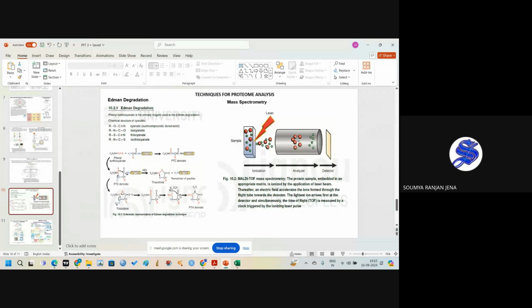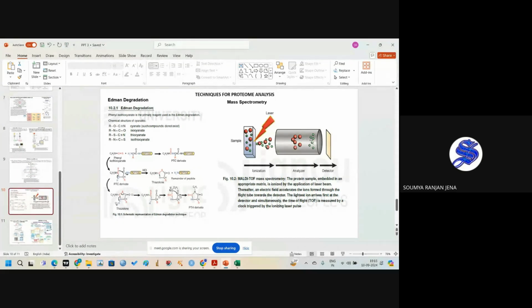In this TOF, there is the movement of the peptide through an electrical field, and the smaller the peptide length, the faster it will move, and the larger the peptide length, the slower it will move.